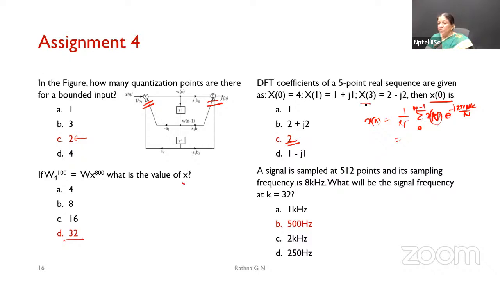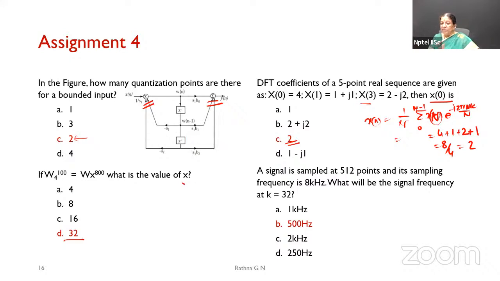So you will be adding 4 plus 1 plus 2, plus 1, which is equivalent to 8 by 4, which is equal to 2. 2 is the correct answer. So you have to represent your X of 4 as the conjugate of this, and take that value and represent it. So you will be getting this result as 2.